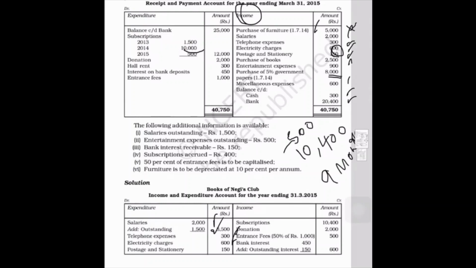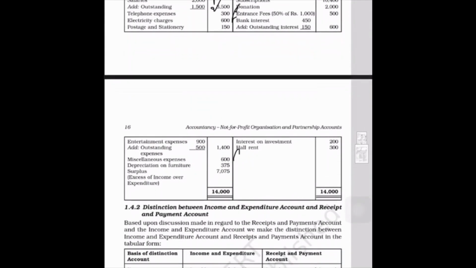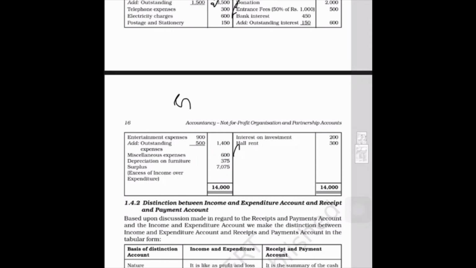Depreciation at 10% on 5,000 rupees for 9 months. So 5,000 into 10 by 100 into 9 by 12. It will come around 375 rupees.